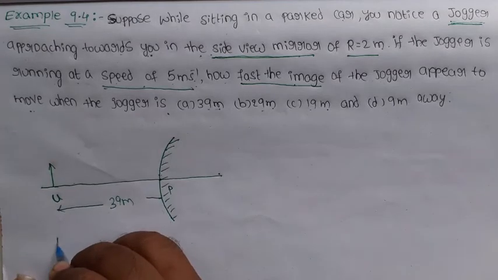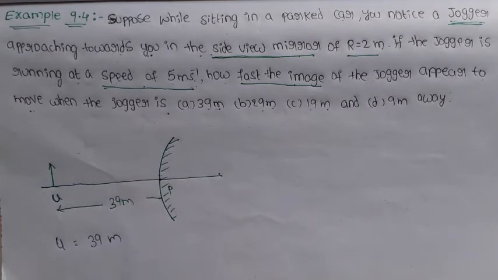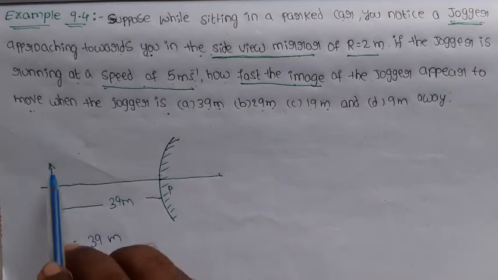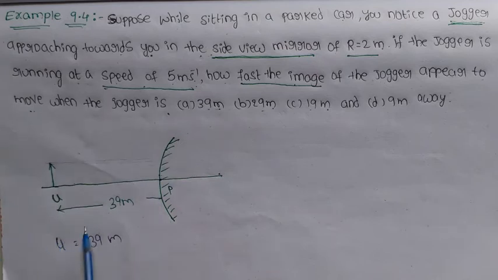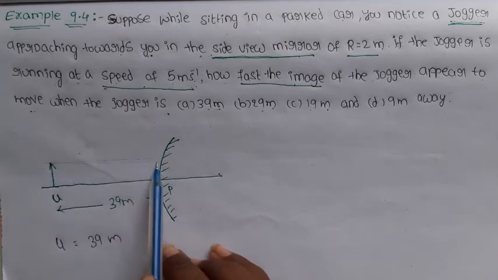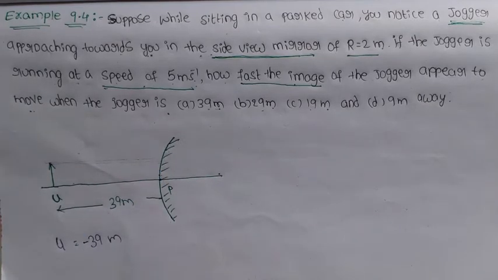So u equal to 39 meter. Apply the sign conventions. Here incident rays travel in this direction, and we are measuring the object distance opposite to the incident ray direction, so the object distance is negative. So u equal to minus 39 meter, because we are applying sign conventions.